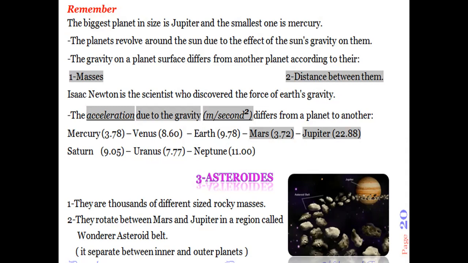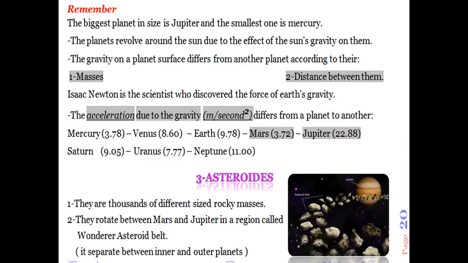Mercury, its gravity acceleration is 3.78 meters per second squared. Venus 8.60. Earth 9.8, which is approximately 9.8, and later we round it to 10. Mars 3.72.